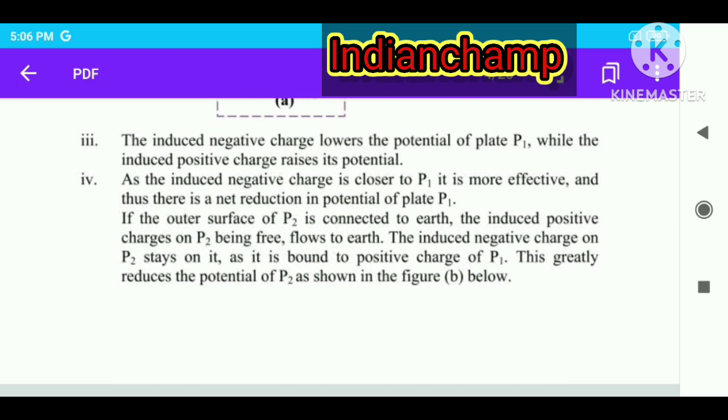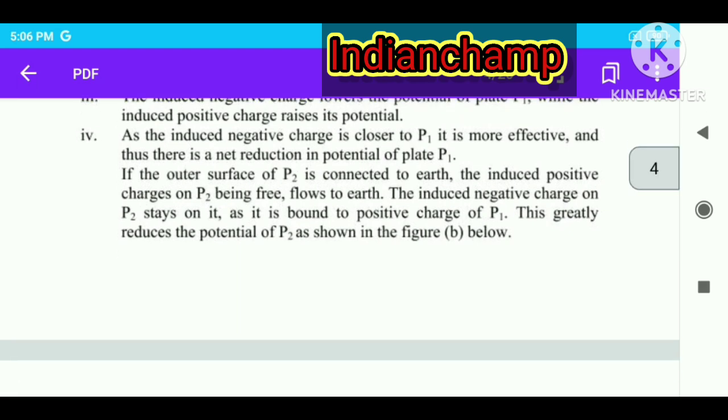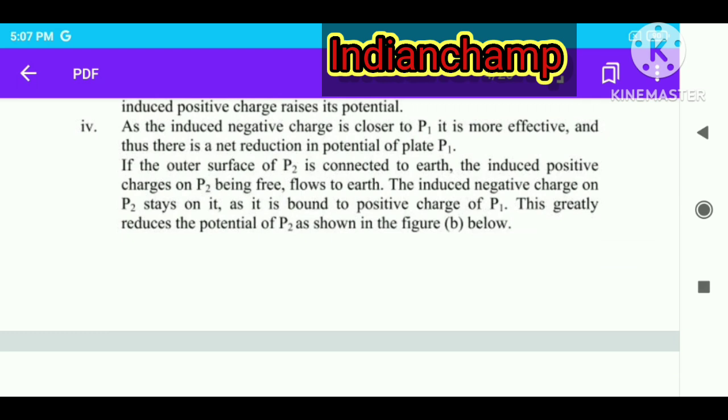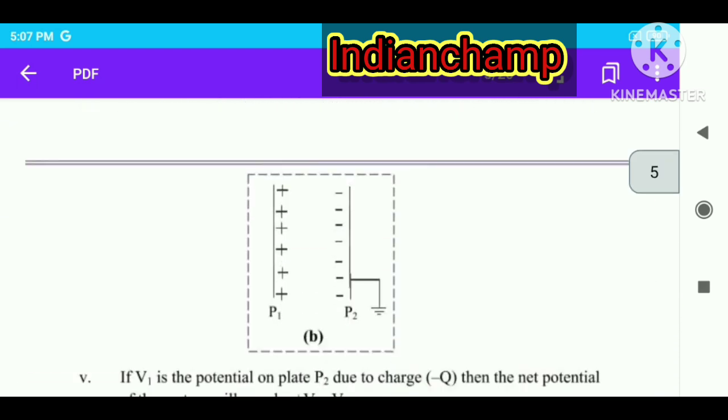If the outer surface of P2 is connected to the earth, the induced positive charge on P2, being free, will flow to earth. The induced negative charge on P2 stays on it as it is bound by the positive charge of P1. This greatly reduces the potential of P1 as shown in the figure B below.